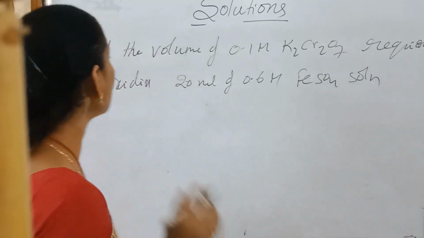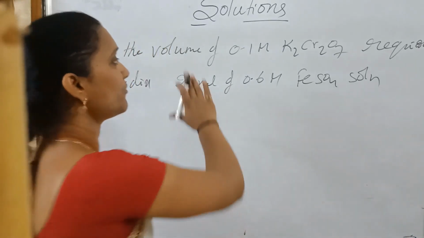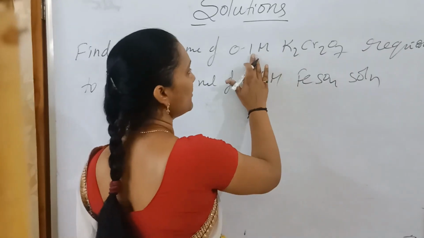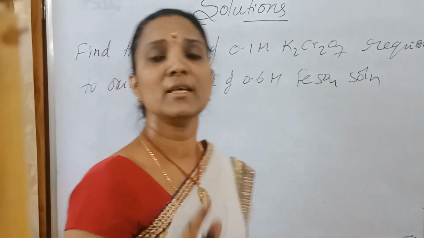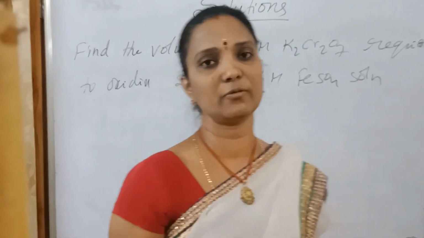Okay, what is given? Find the volume, we should find. K2Cr2O7 molarity given. Here also molarity given. Volume given. Then what is the formula? M1 V1 by n1 is equal to M2 V2 by n2.